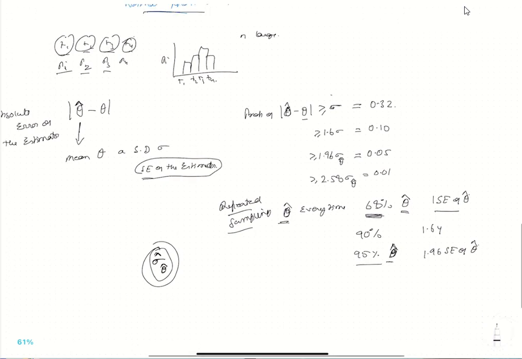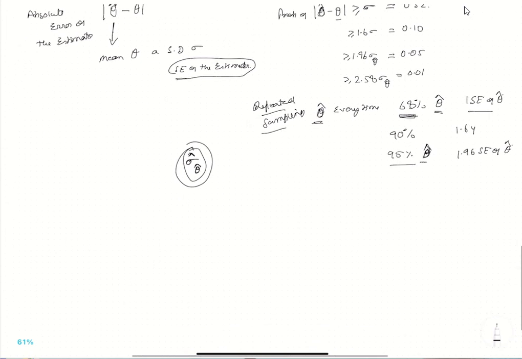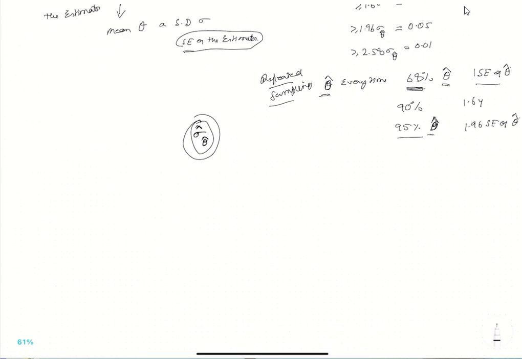Now we have an example. We have a population of 6, so N is equal to 6. Values of yi are 8, 3, 1, 11, 4 and 7. We choose a sample of 2.